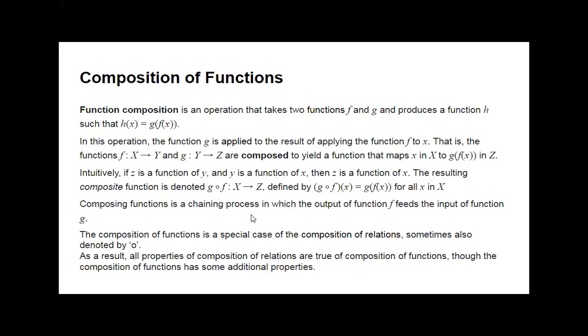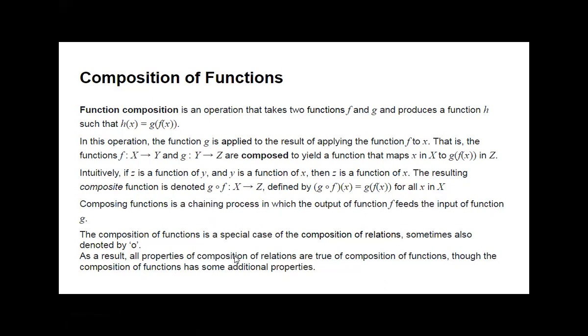Composing functions is a chaining process in which the output of function f feeds the input of function g. The composition of function is a special case of composition of relations, sometimes also denoted by this hollow circle.